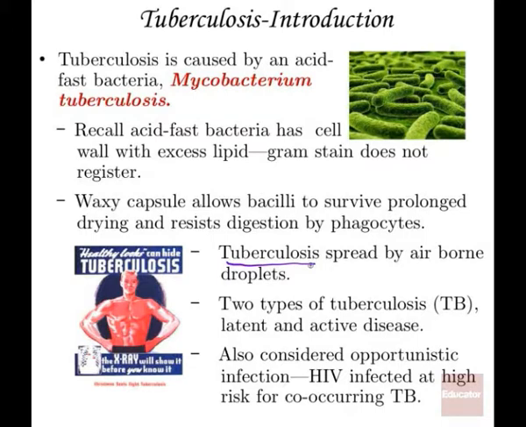And recalling our discussion about opportunistic infection, tuberculosis is considered an opportunistic disease in relationship to HIV infected individuals. So in other words, HIV infected individuals are especially susceptible to developing tuberculosis.